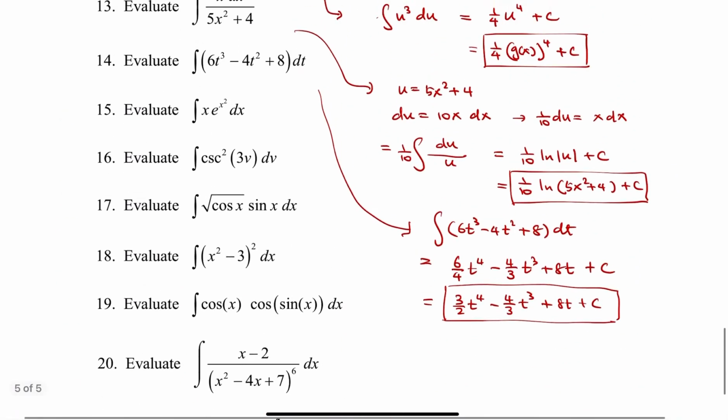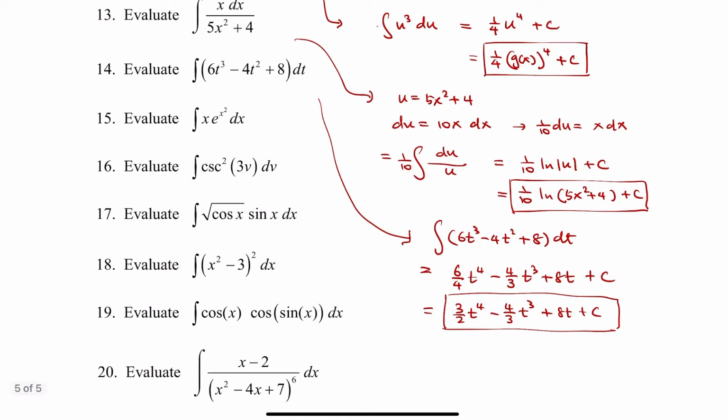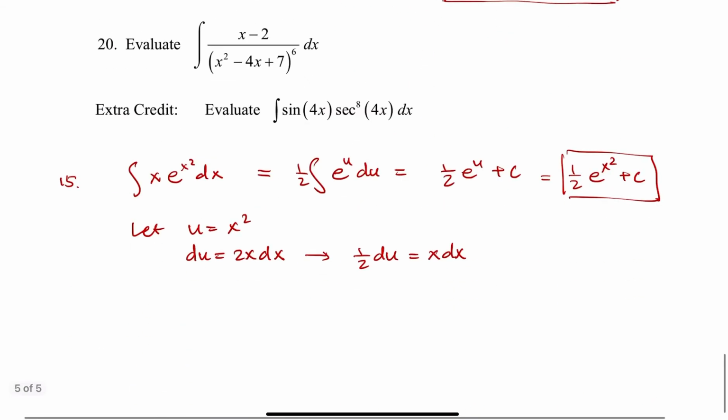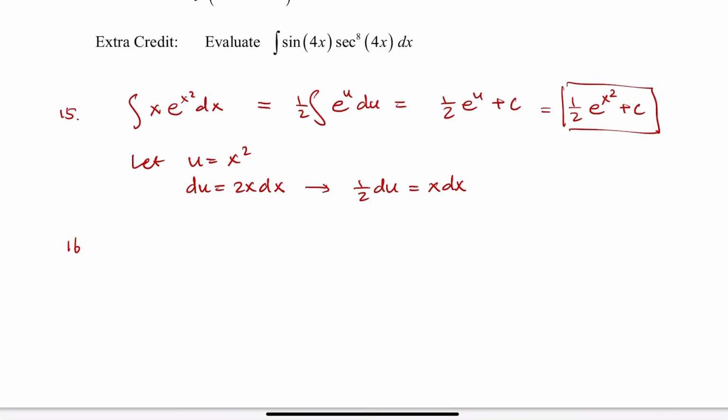Now next one, number 16, the integral of cosecant squared 3v dv. So this one also has u inside the parentheses, so 3v. Let u equals 3v.